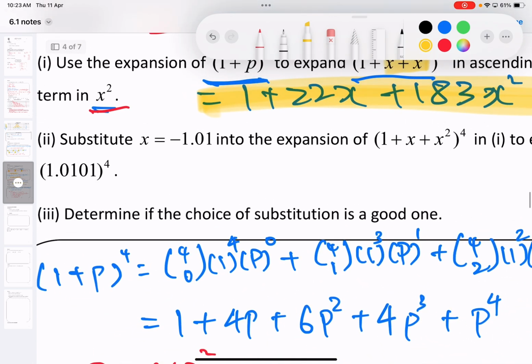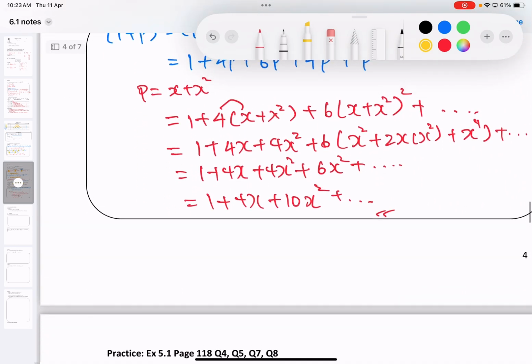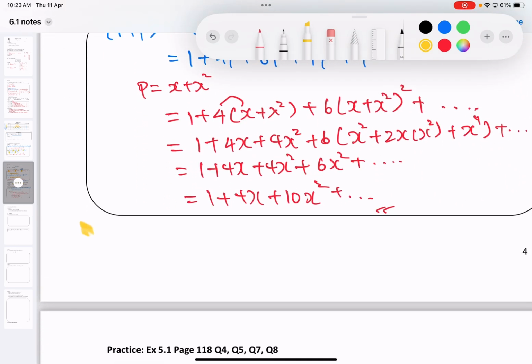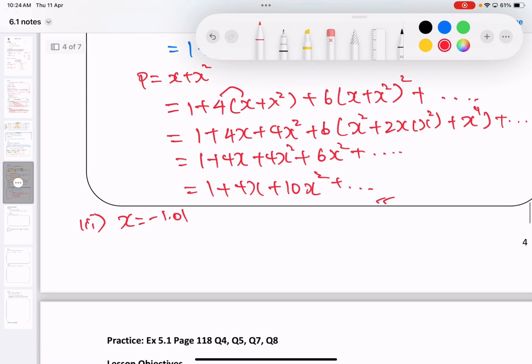Substitute x equals negative 1.01 into the expansion to estimate the value. So in part 3, they want us to substitute in the value x is negative 1.01. If you were to substitute this value inside here, what are you going to get?